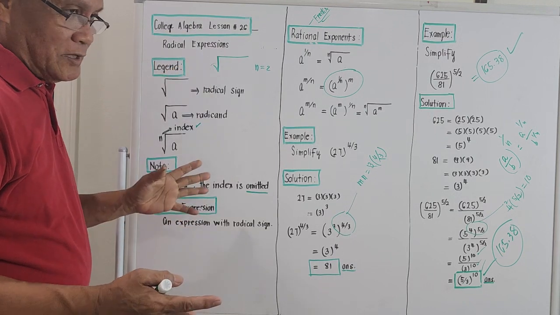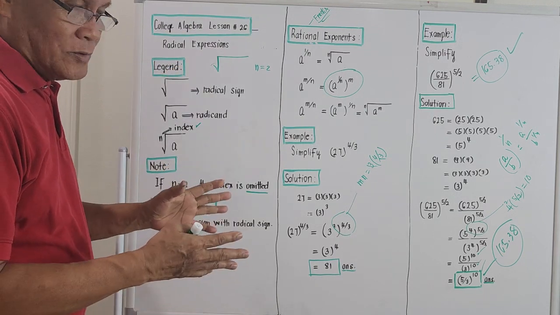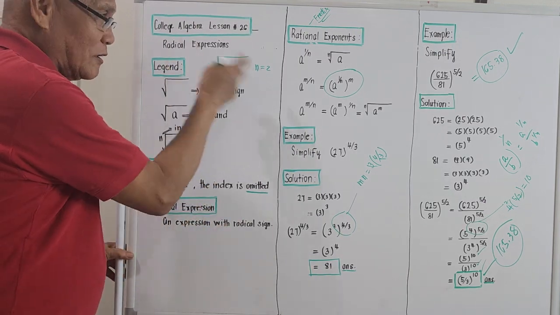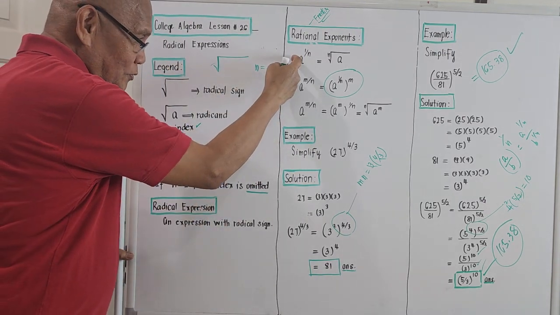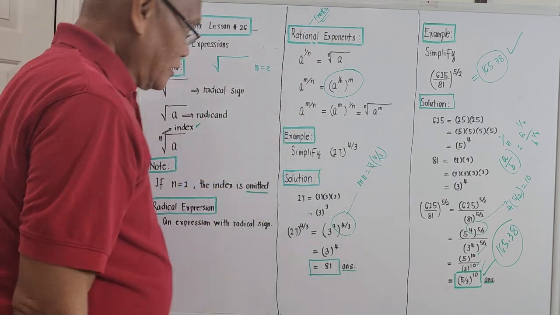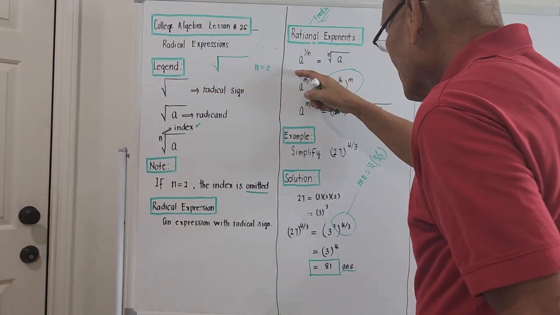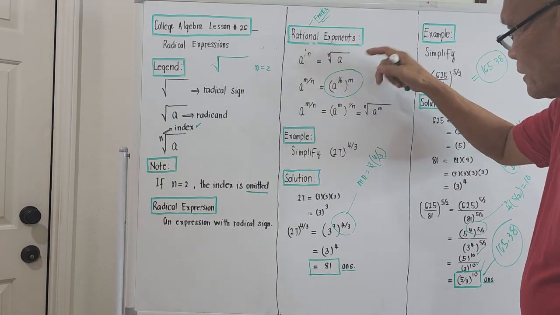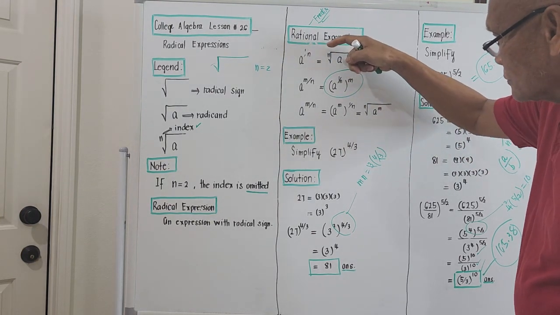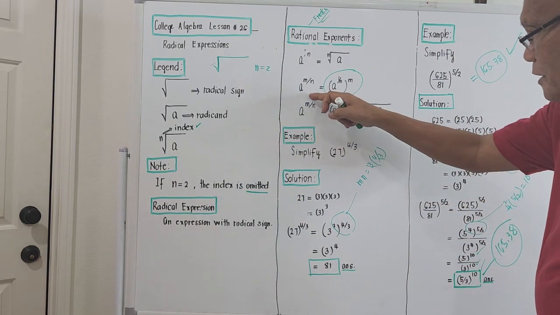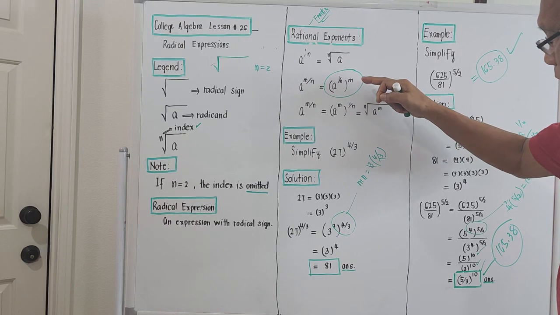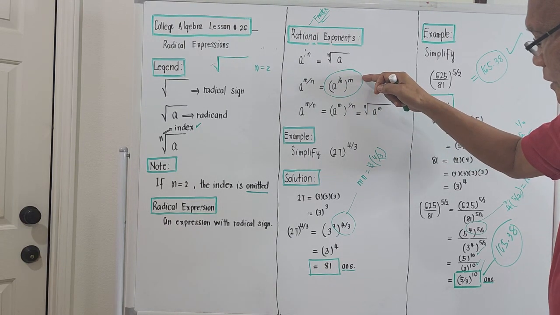And to simplify these radical expressions, use these 3 formulas over here. That is a raised to 1 over n, which should be equal to the nth root of a. And a raised to m over n can be written as a raised to 1 over n, raised again to the m power.